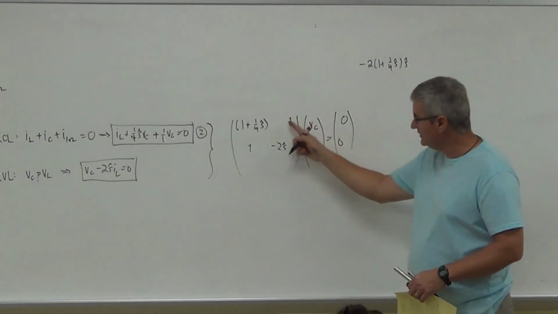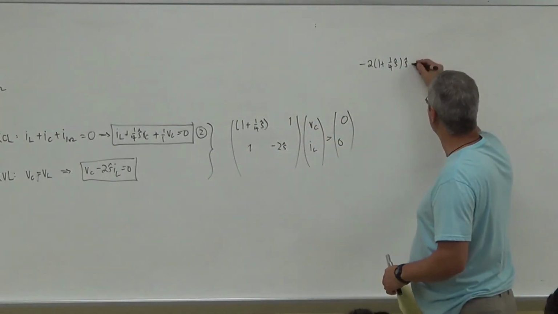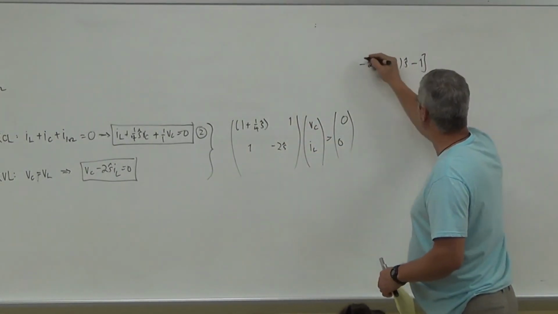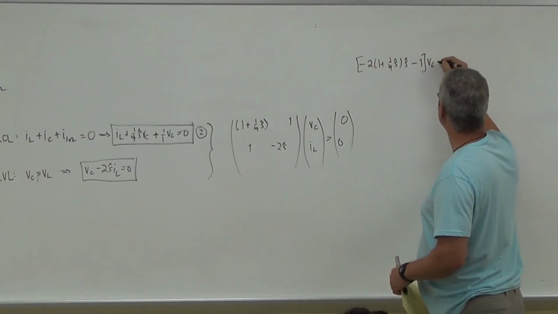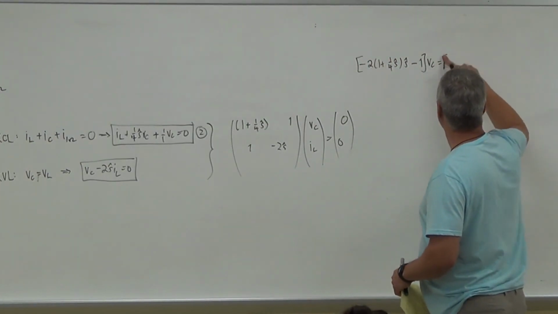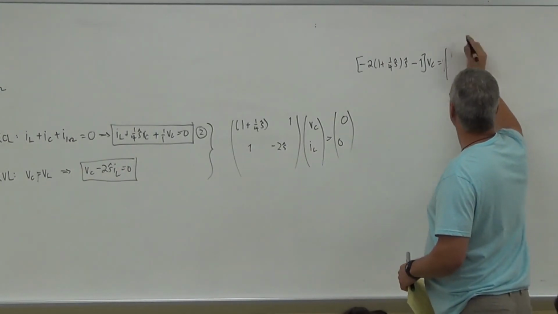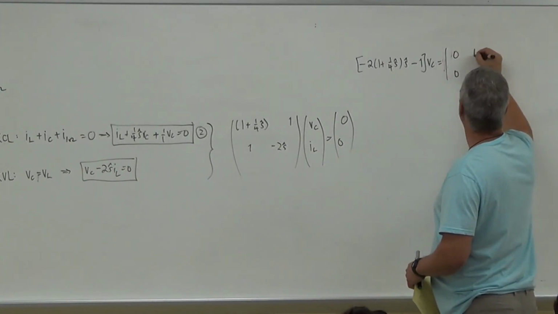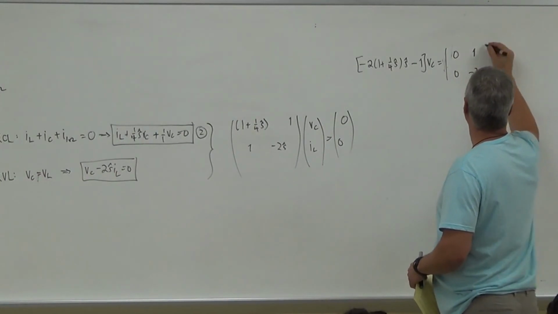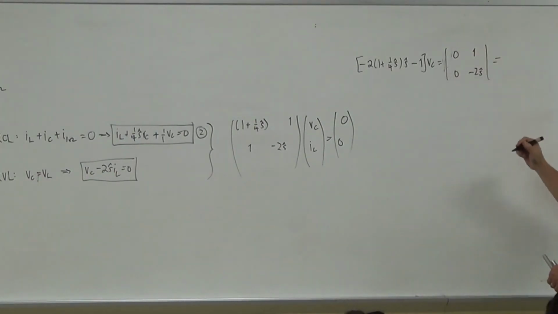And then I get this cross term, which is also negative, so I get 1. So these guys now operate on VC, and when I do the right side, I'm going to get 0, 0, 1 minus 2 s hat, and you can see that I'm just multiplying everything by 0, so it's got to be 0. And that's a good sign.